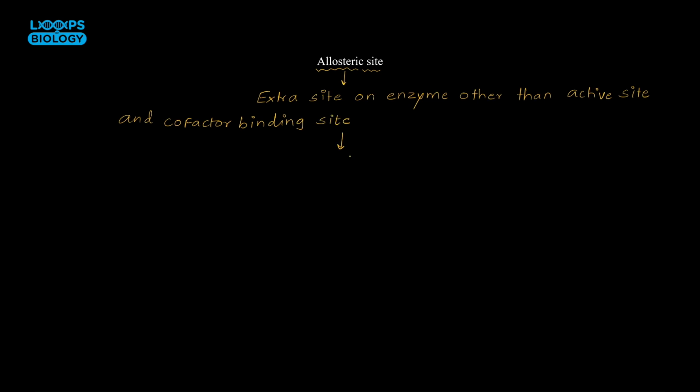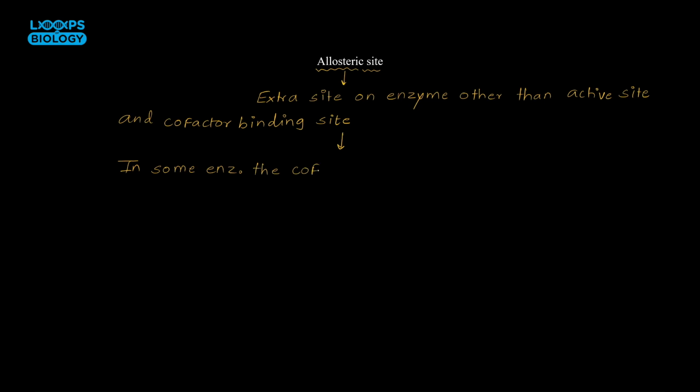Sometimes the enzyme has to regulate specifically and very, very carefully. Got it? So in that particular case, the cofactor is not the only or the sole element to govern the activity of the active site.